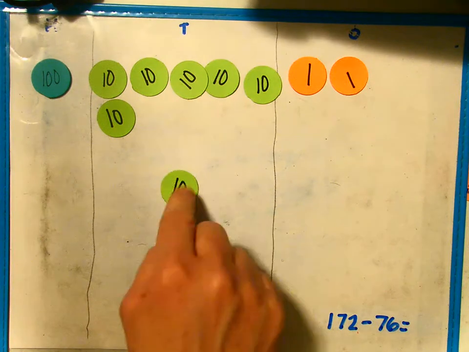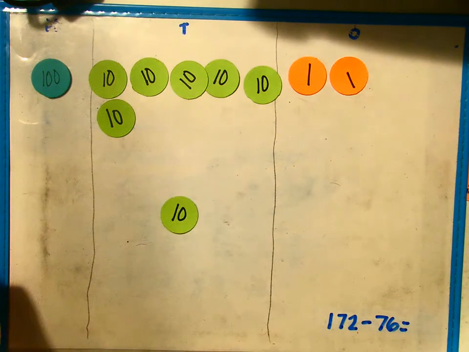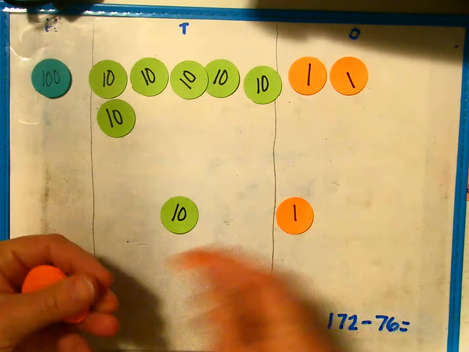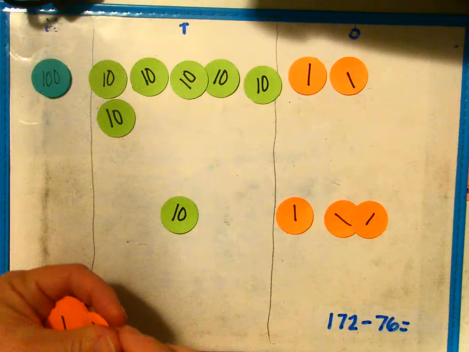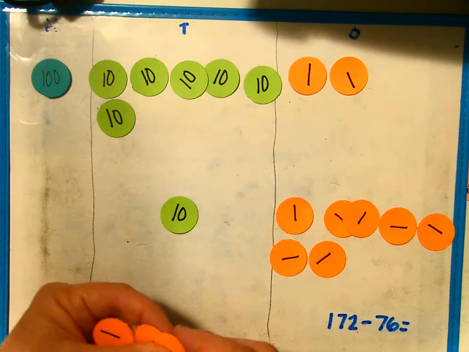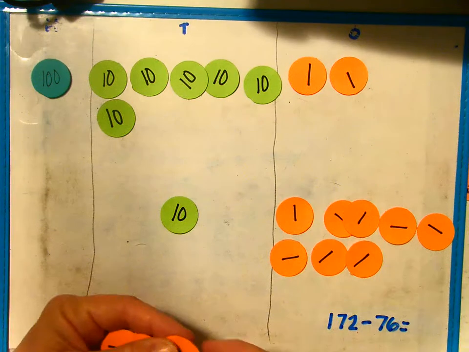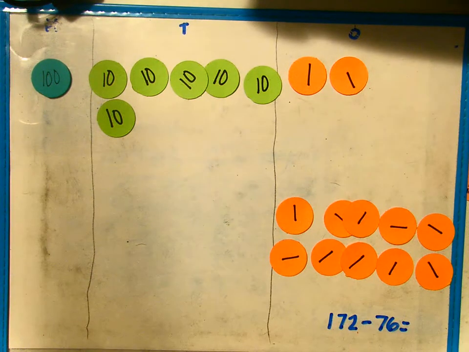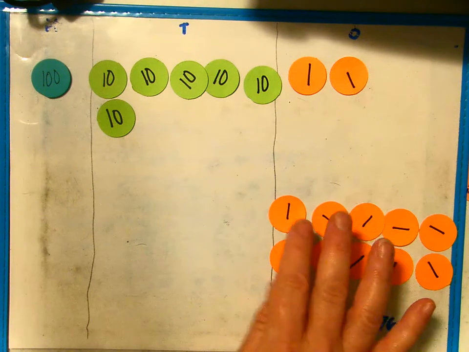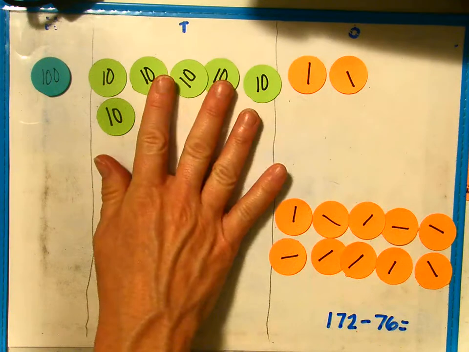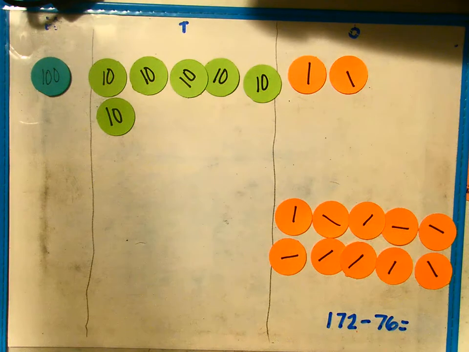Unbundle. Decompose. 1 ten is the same as just 10 ones. 1, 2, 3, 4, 5, 6, 7, 8, 9, 10. Take that one off. Move it over here. So we still have 7 tens, but there's 6 tens here and 1 ten over here, right?